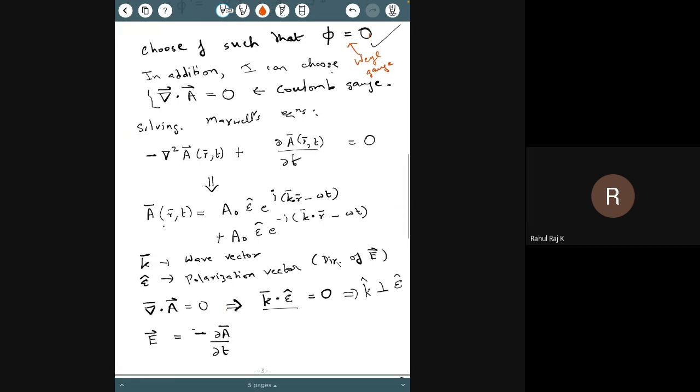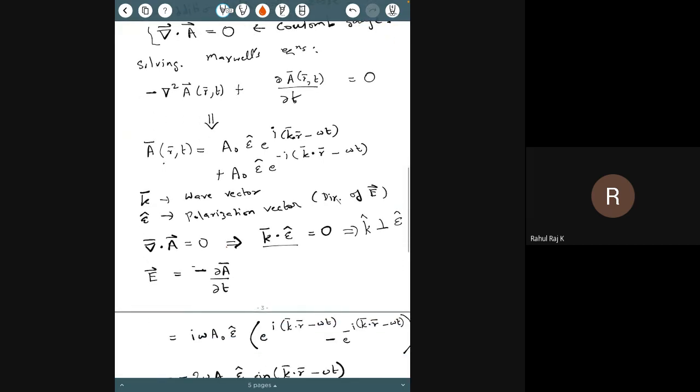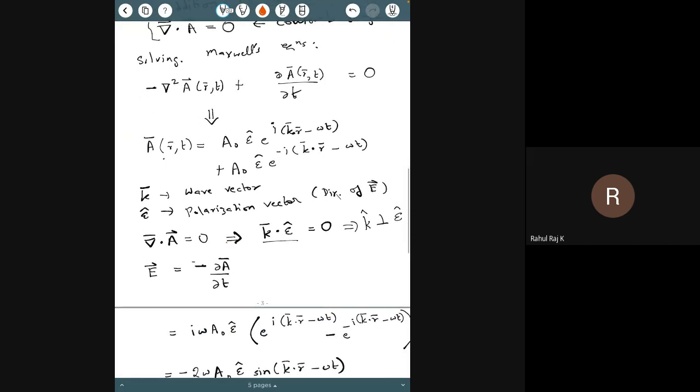And we found that the representation of light in terms of a vector potential is basically this, where you have only one time dependent vector potential. Okay? And it involves the wave vector of light, which is basically in the direction of propagation of light.